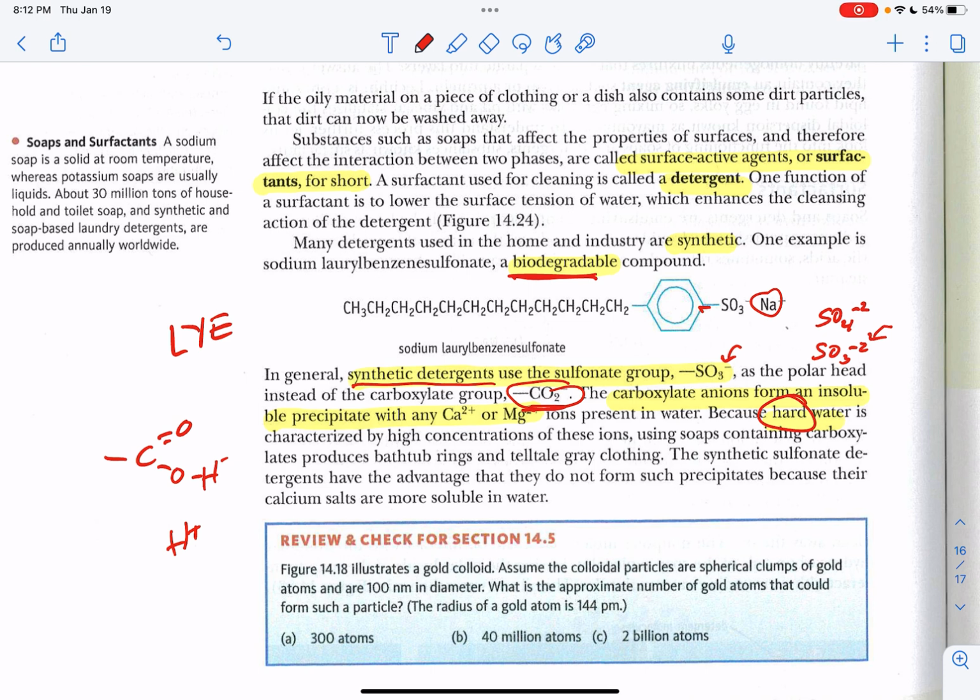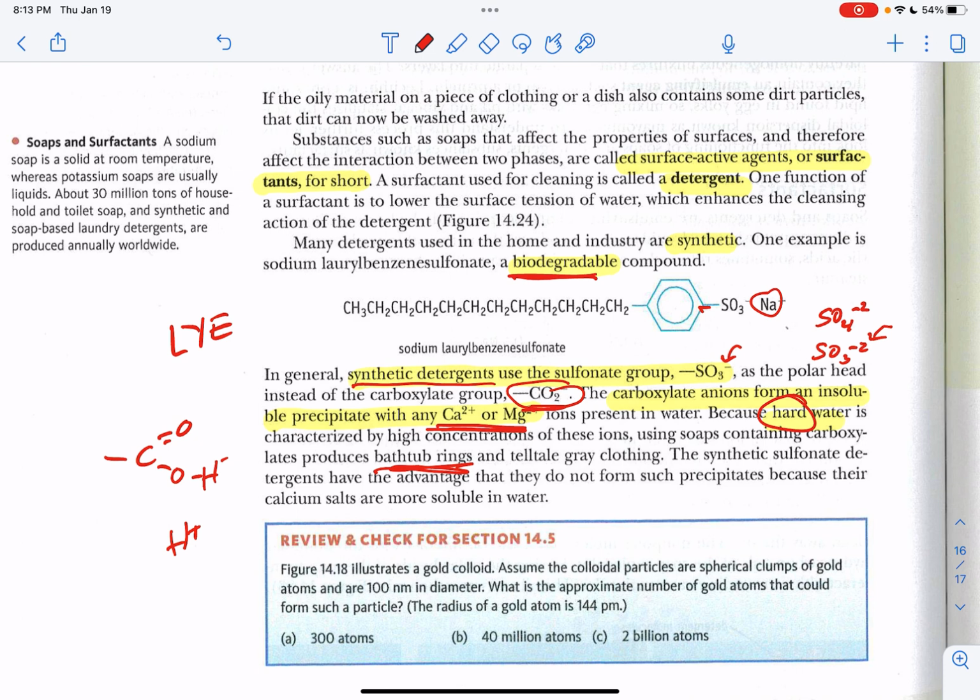Now, the term hard water. Hard water would be water that has lots of alkali earth metals dissolved in it, such as calcium and magnesium. And a lot of places where you might live, if you have well water, your well water might have lots of these minerals in it, in which case it often could leave a scum called a ring in the bathtub if it sits for a while, or in a toilet.